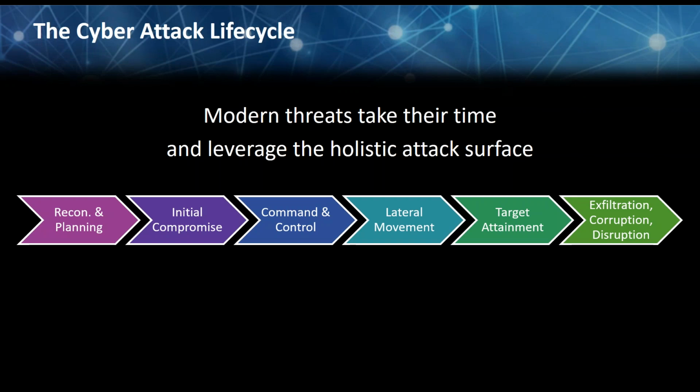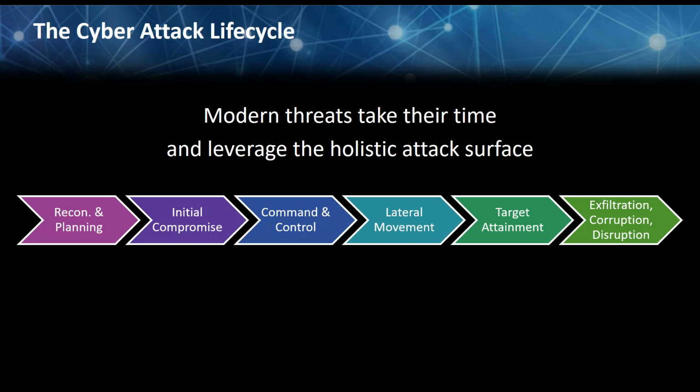An initial compromise has to occur within that target. That foothold needs to know what to do next. That's where we get command and control. Look around, figure out what the next step is, and then take that step. And then finally, target attainment and then end goal, right? Whether that's exfiltrating data or encrypting, corrupting that, and then working with it, right?